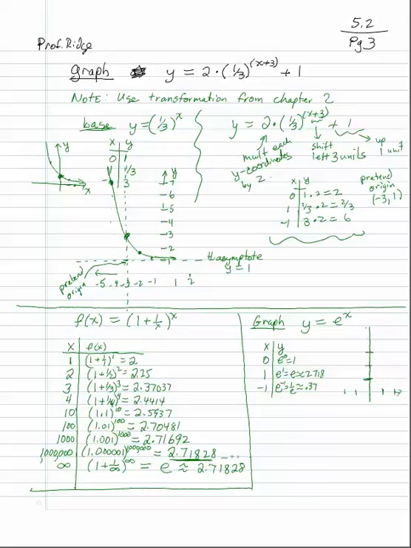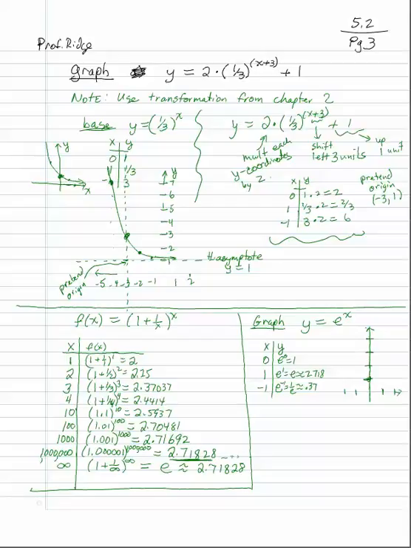This number was actually discovered looking at compound interest. That's one of the places where, if you compound daily, hourly, every second, and then what would happen if you compound it in an infinite amount of time, continuously, this number popped up.